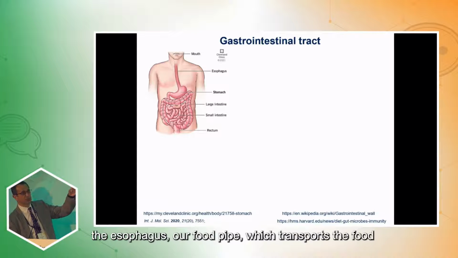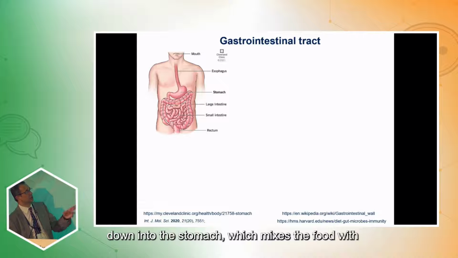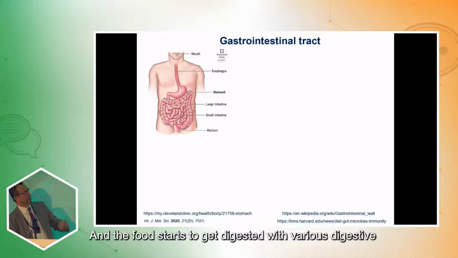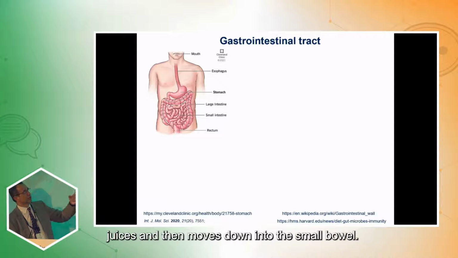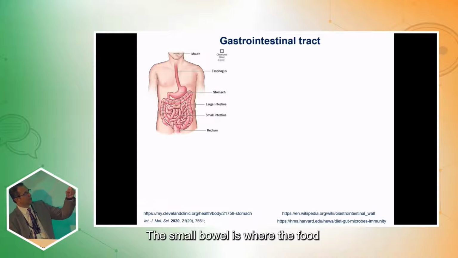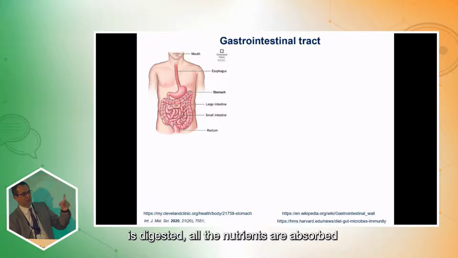down to the esophagus, our food pipe, which transports the food down into the stomach, which mixes the food with acid and breaks it down into small pieces. The food starts to get digested with various digestive juices and then moves down into the small bowel. The small bowel is where the food is digested, all the nutrients are absorbed, and the waste goes into the colon.